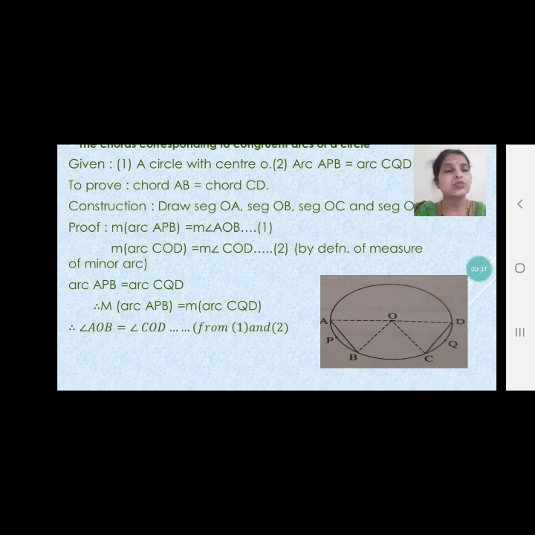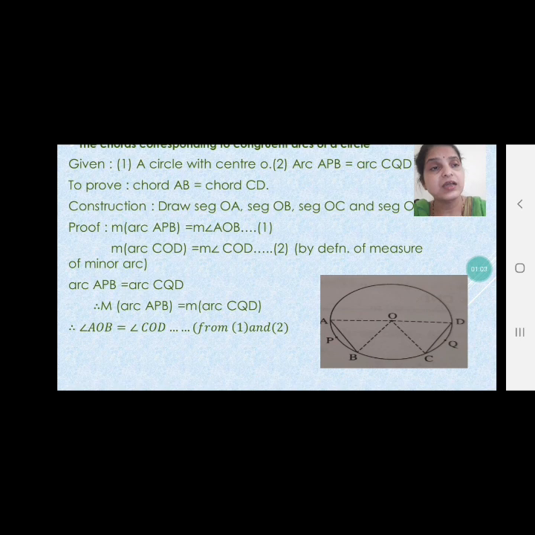Right? So construction we have to do. We have to draw OA and OB, then OC and OD over here. So we get two triangles over there, that is triangle AOB and triangle COD. Now measure arc APB is equal to measure angle AOB and measure arc CQD is equal to measure angle COD by definition of measure of minor arc, right?